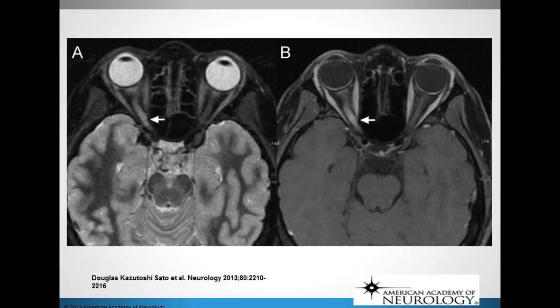We have a test for this one, thankfully, and it can come with optic neuritis on one side and even on both sides, and a relapse can result in substantial loss of vision. So when we see bilateral optic neuritis, we look very carefully for that particular disorder.